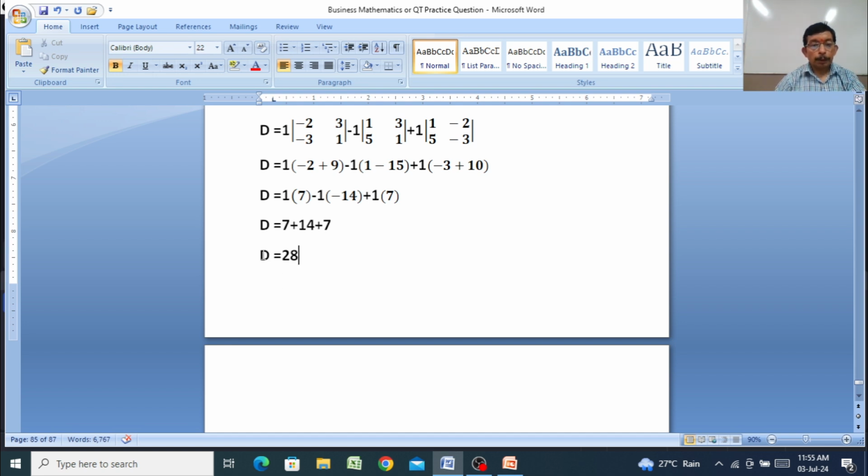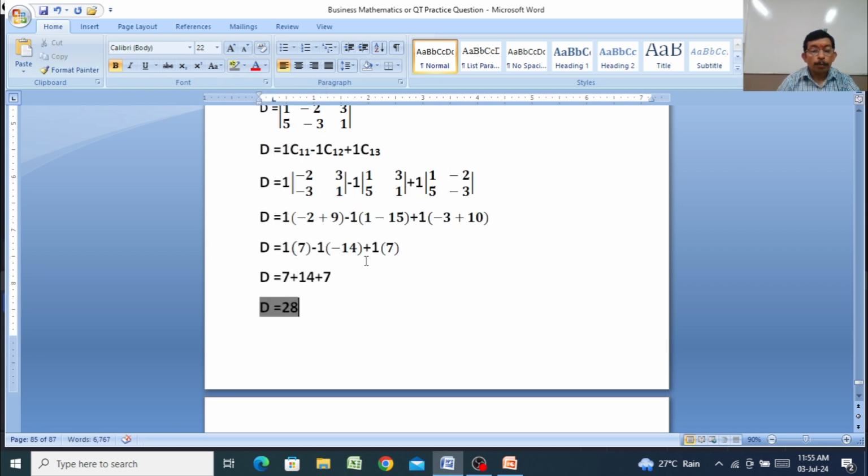Now simplify. D equal to 28. Now find the value of D1.